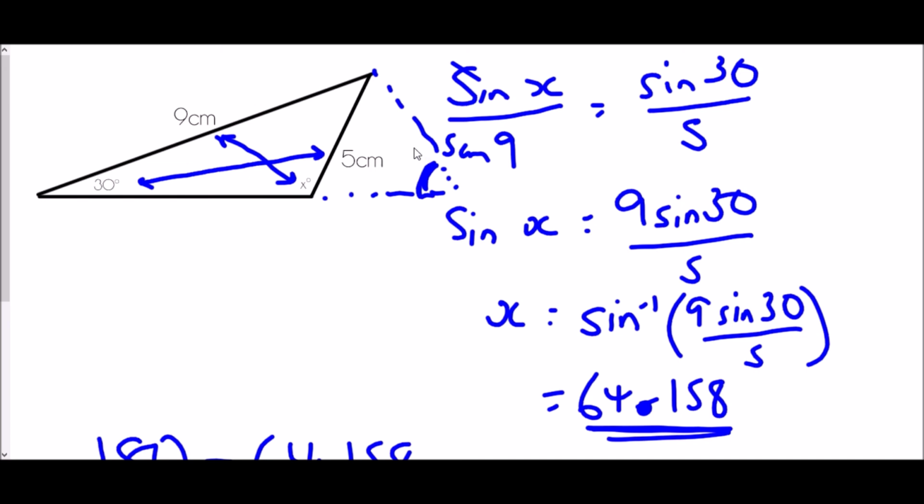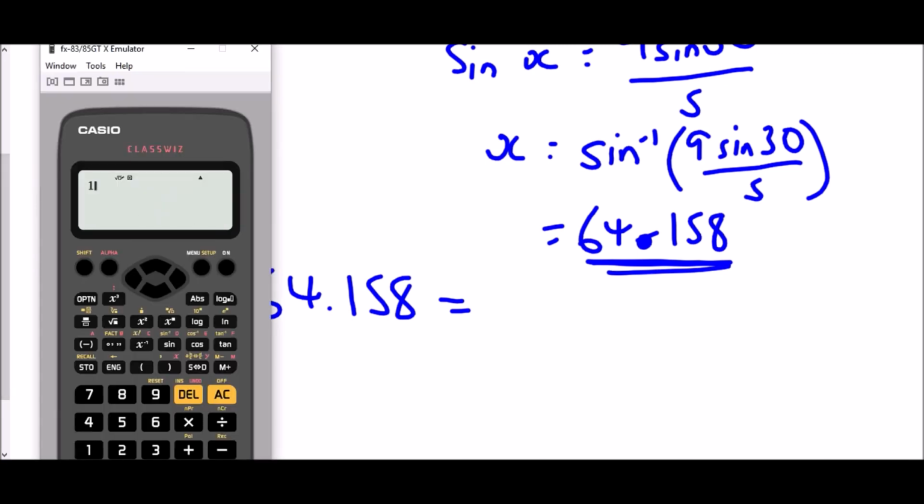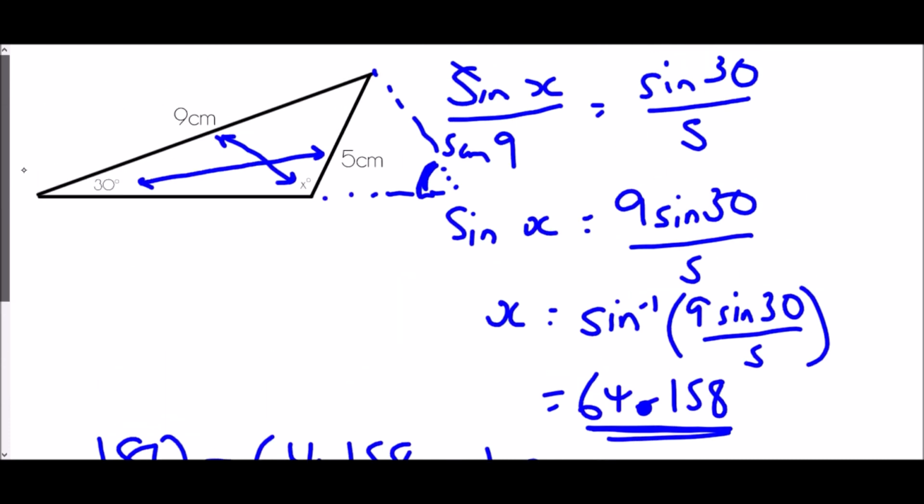So we need to understand that if it is an obtuse angle, we have to take the complement of it. So 180 take away 64.158, go to our calculator, take away answer, and we get 115.842 degrees, and that is the size of the obtuse angle in this case.